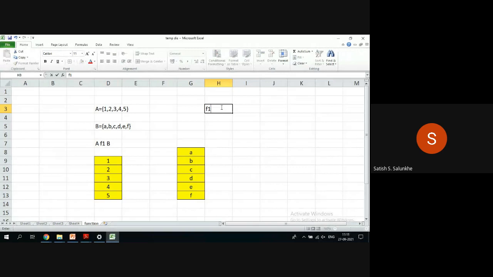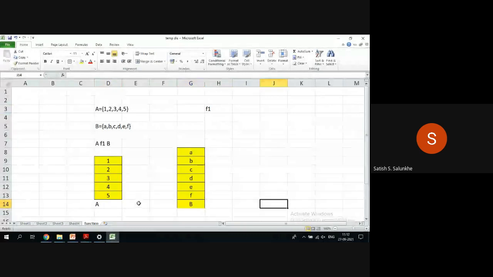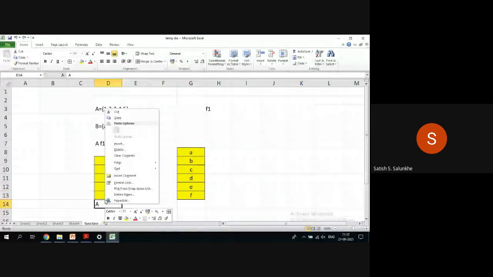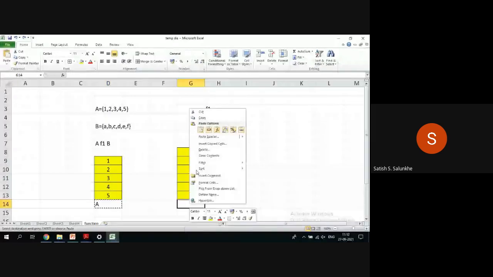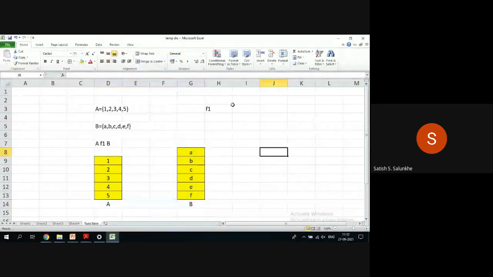It is a collection of ordered pairs (a, b) such that small a belongs to the domain and small b belongs to the codomain. So your domain is this set A, and the codomain is set B. Now what is F1?